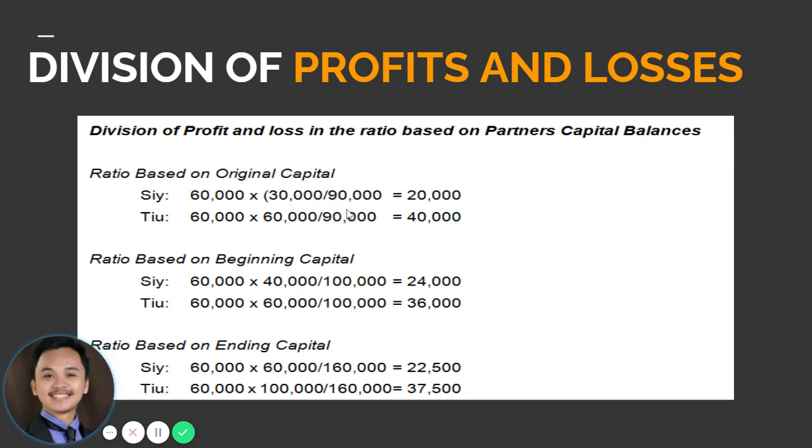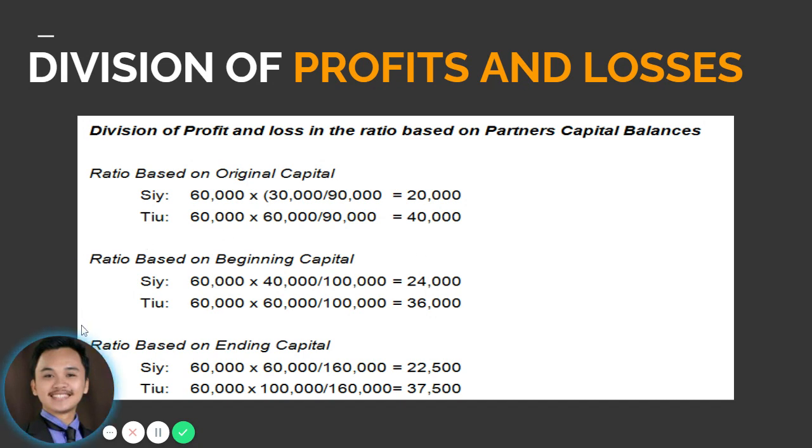So the share of C will be 20,000 and the share of Chu will be 40,000. So 40,000 is from 60 over 90 times 60,000. So obviously, the journal entry to record in the books of the partnership would include a debit to income summary, credit to C capital, credit to Chu capital for 20,000 and 40,000 respectively.